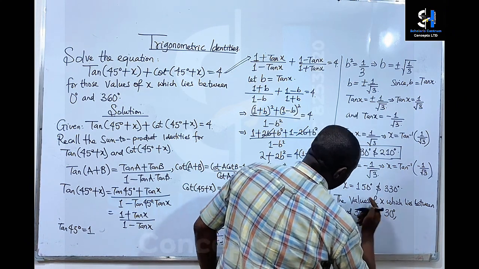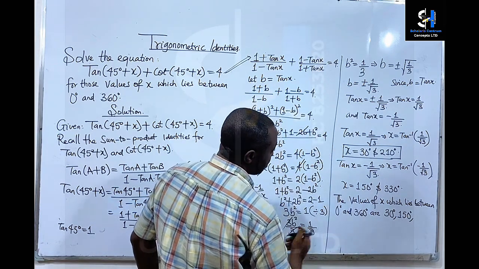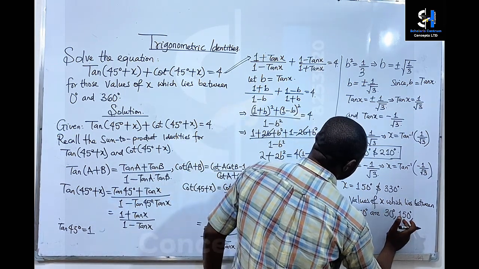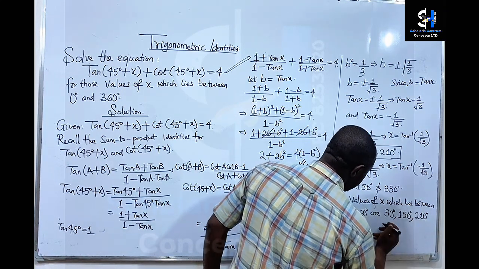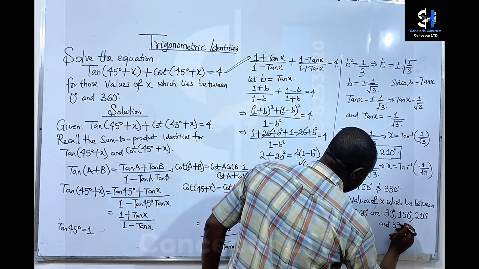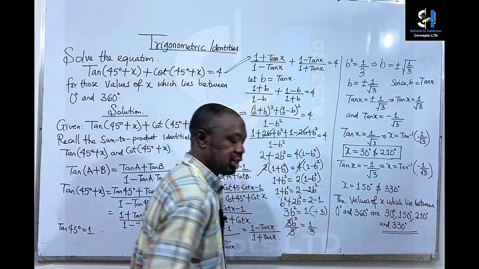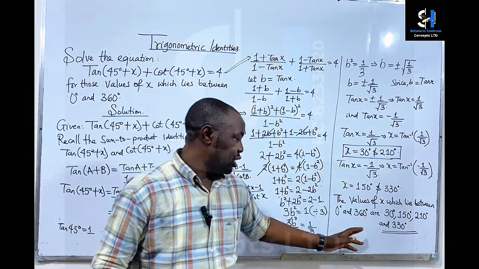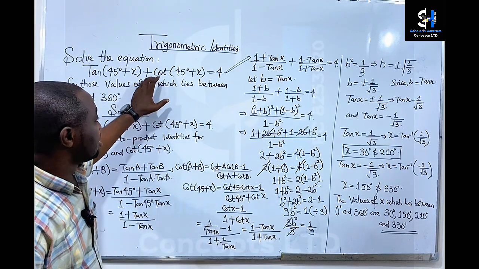Let's write them in order of magnitude. So 30 degrees, 150 degrees, then we also have 210 degrees, and the last one is 330 degrees. So these are the values of x which lie between 0 degrees and 360 degrees for this given equation.